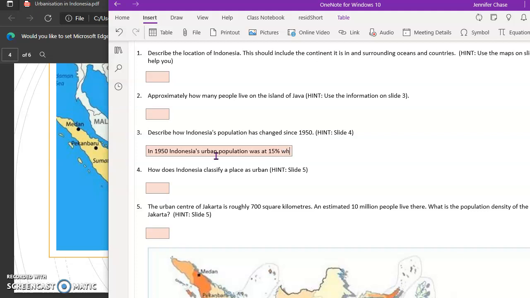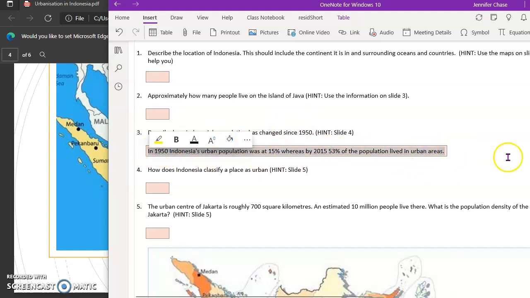Okay, you can do that. And then I would put, whereas by 2015, 53% of the population lived in urban areas. Okay, so I've described how it's changed by using key stats. Okay, so I'll just delete that because if you want to write your own, you can.